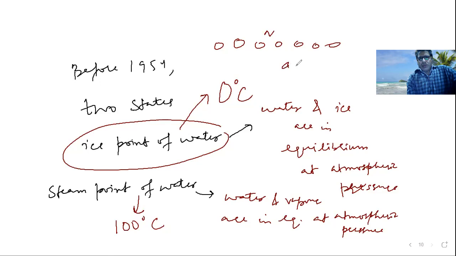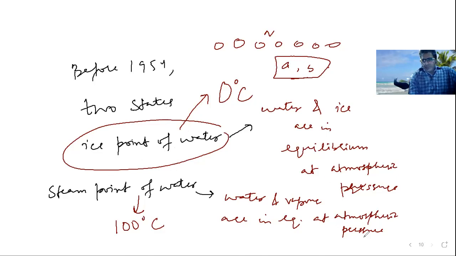Now we have two unknowns A and B, the slope and the intercept. To find them, we pick two states, ice point and steam point of water, and arbitrarily label their temperatures as 0 degrees Celsius and 100 degrees Celsius.